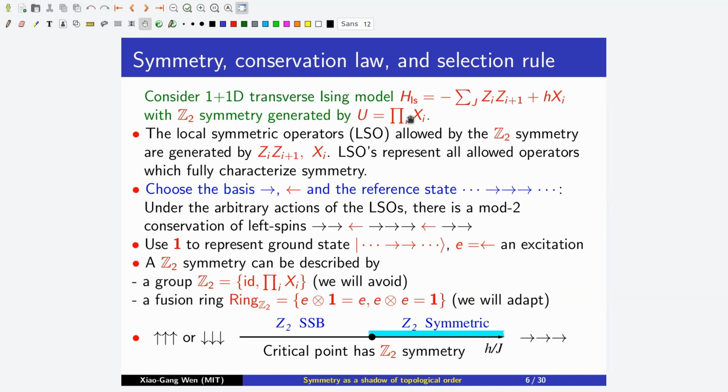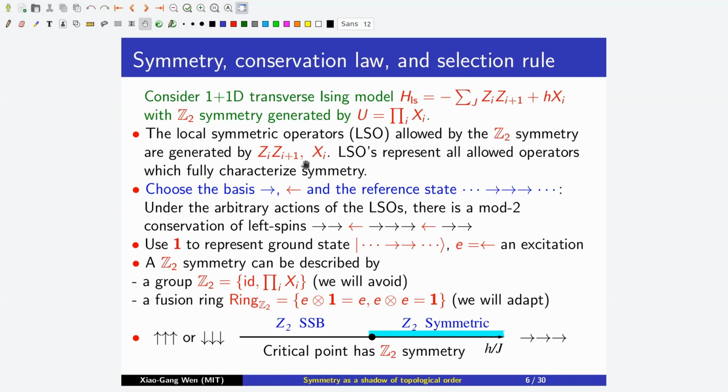For Z2 symmetry, how do I do the fusion? I think it's pretty obvious, but let me go slowly. This symmetry transformation selects the so-called local symmetric operators, which can be ZZ or a single X. There are more local symmetric operators, but they can be generated by these two, we believe.